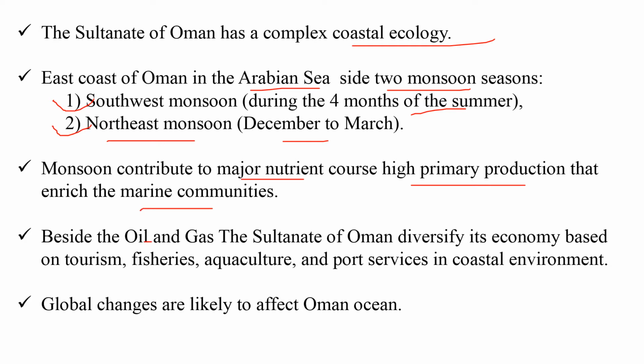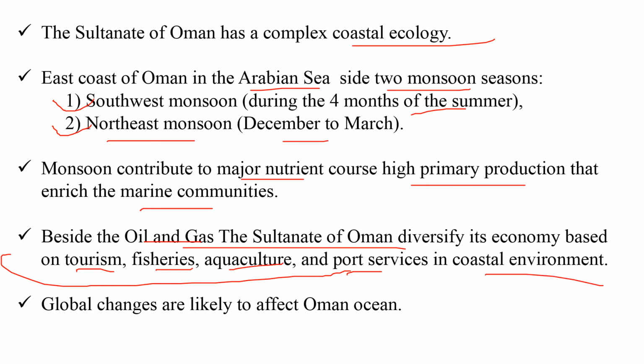As we all know, oil and gas is the main primary source of income of this country. Besides oil and gas, the other components of the economy are tourism, fisheries, aquaculture and port services, and all four of these economic developments come from the coastal environment.